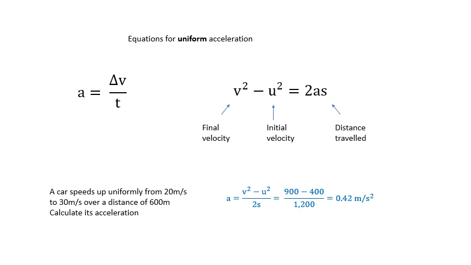You're much less likely to get muddled up. So a equals v squared minus u squared over 2s. So that's going to be 30 squared minus 20 squared divided by 2 times 600. Bung in the numbers, work it out, 0.42 meters per second squared.